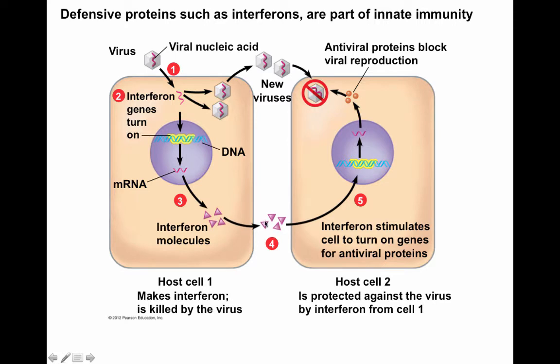It then stimulates host cell number 2 to produce antiviral proteins in preparation, in case the virus tries to bind and infect. These antiviral proteins, once made, will prevent replication and infection by this virus. So host cell number 2 is protected against the virus. Host cell number 1, not so much. It's already infected, so it's pretty much going to have to be destroyed by a killer T cell or some other cell, maybe a natural killer cell.